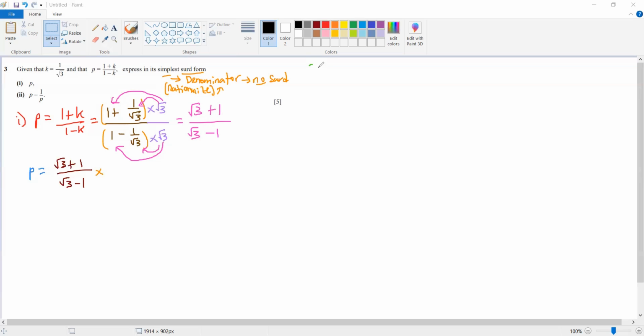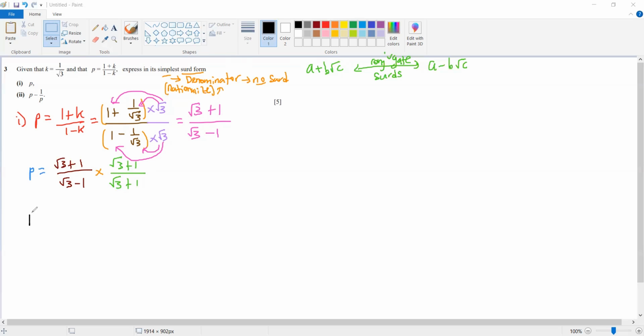A plus b root c, generally, and a minus b root c are conjugates of each other. Just change the middle sign to minus. This is the most general form that's used. Let's multiply based on the denominator, not the numerator. So the conjugate for the denominator is root 3 plus 1.